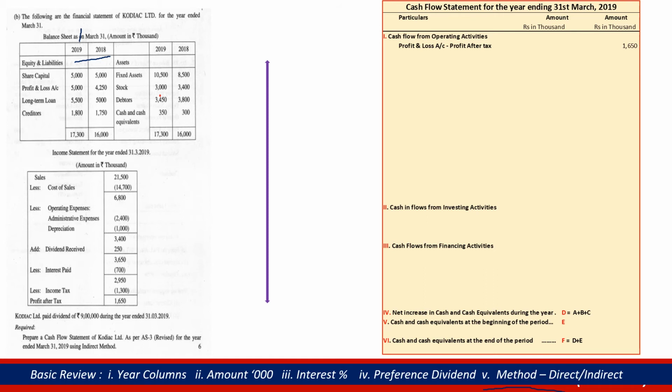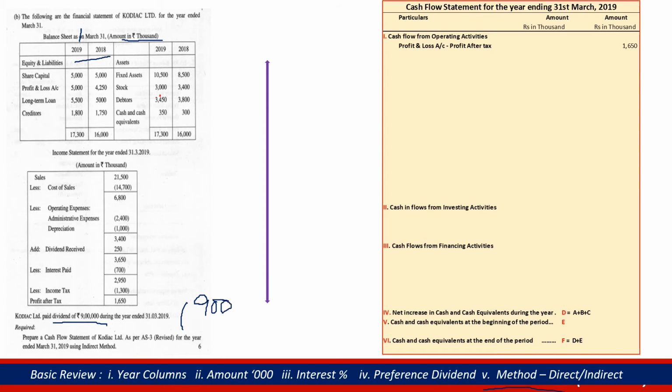Number two, here it is given amount in 1000. You have to be very clear, particularly when you come to items in the adjustment or explanation. Here it says the company paid dividend of 900,000 or 9 lakh, but in our working we are supposed to show it in 1000. Therefore, you have to be very clear. Your working takes care of 900, not 9 lakhs.